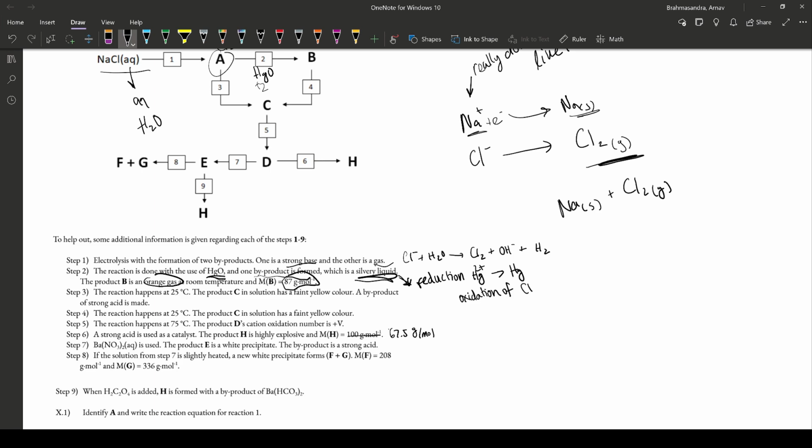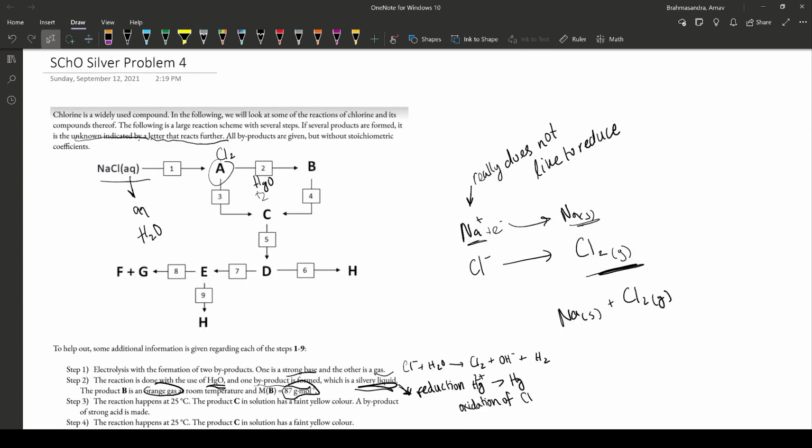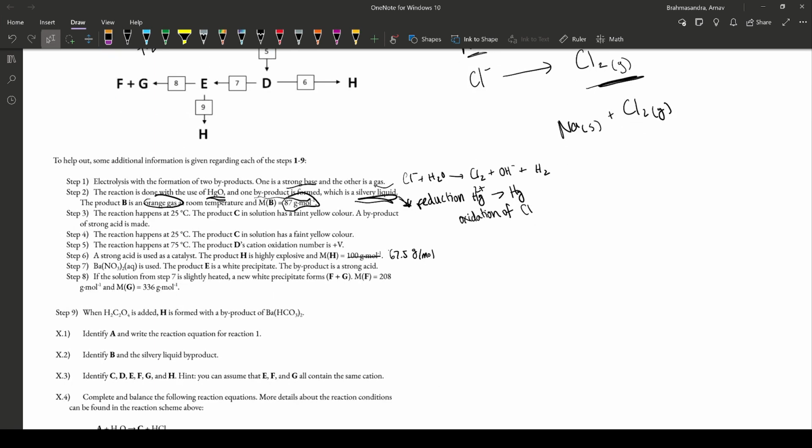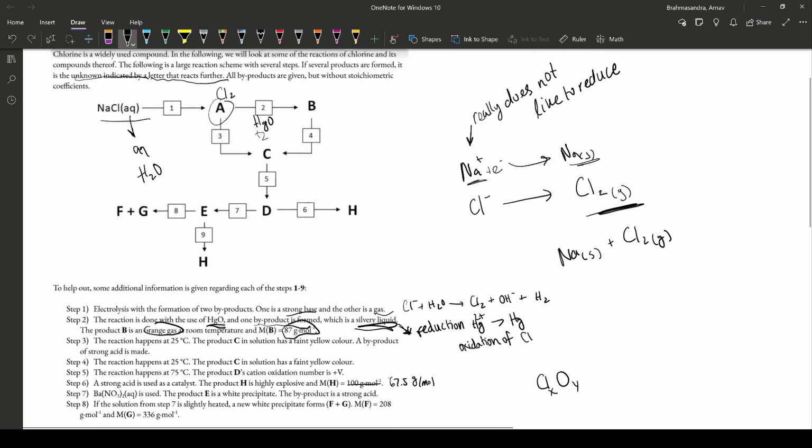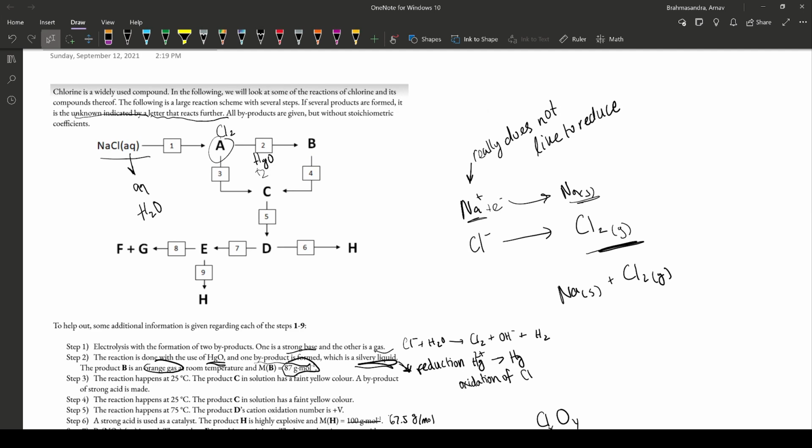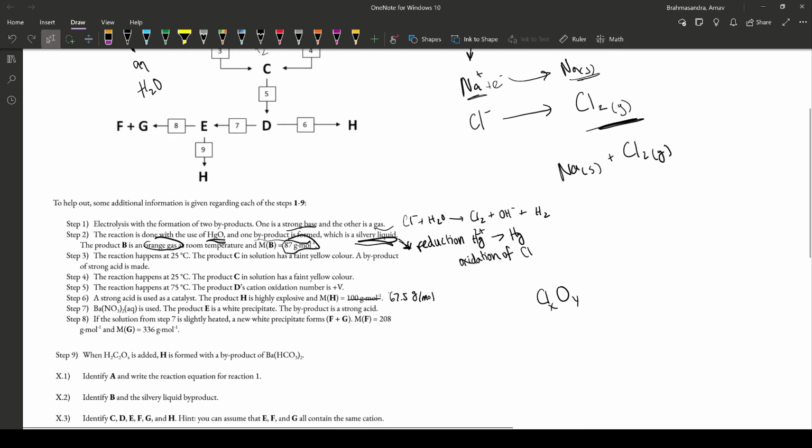But what I did is, since we have an oxidation of chlorine, it's probably going to be some Cl X, O Y. This means that we can test out different values of X and Y and figure out what gets us our molar mass of 87 grams per mole.